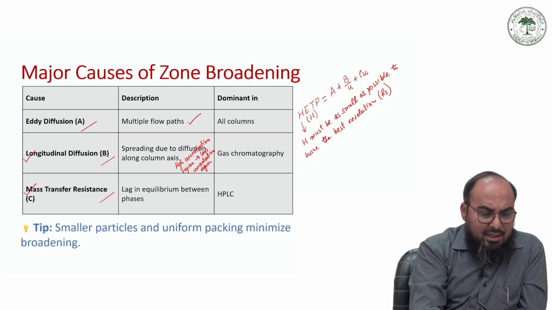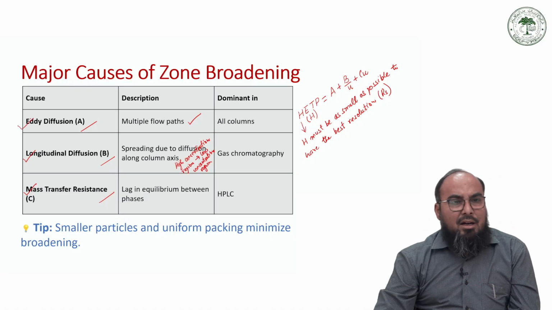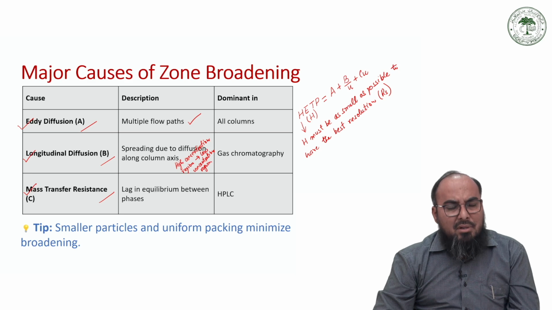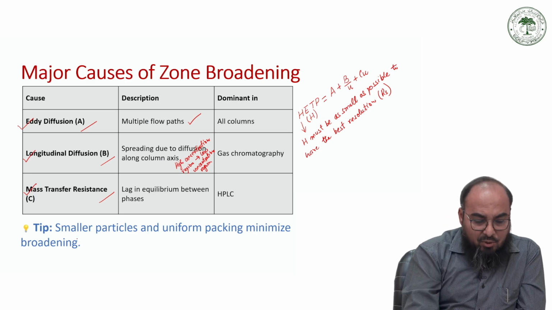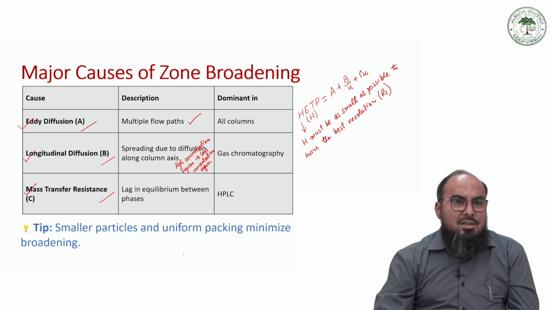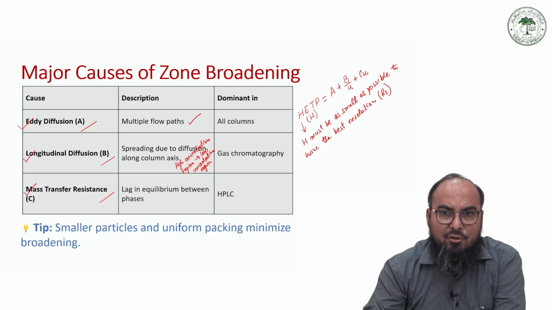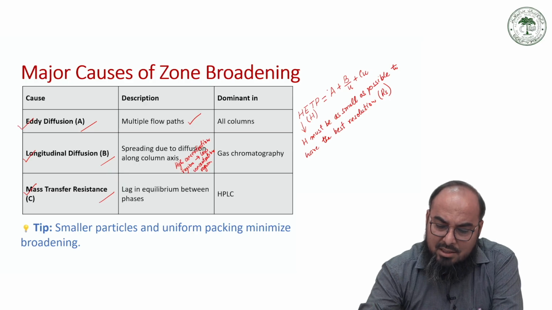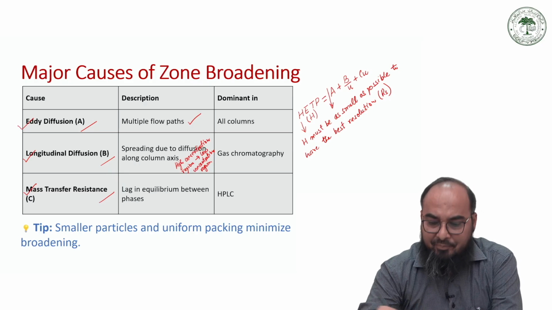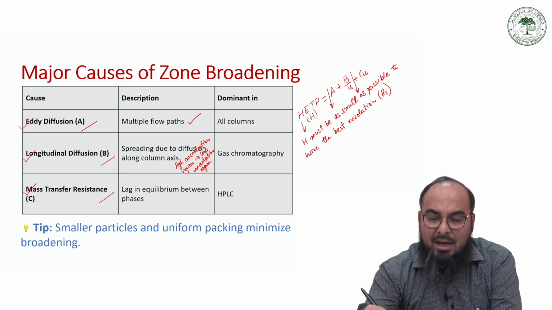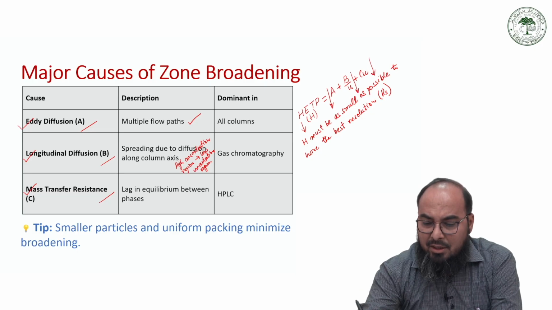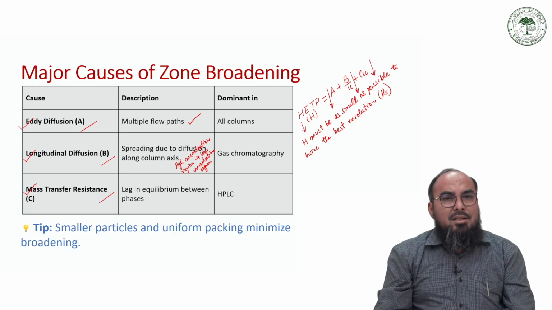So now let us take these three one by one and discuss them in detail. And what smaller particles and uniform packing mean to us, we will discuss this also. At this point, we have to minimize this HETP as much as we can. It can be minimized by minimizing A, by minimizing B upon U, and by minimizing CU.